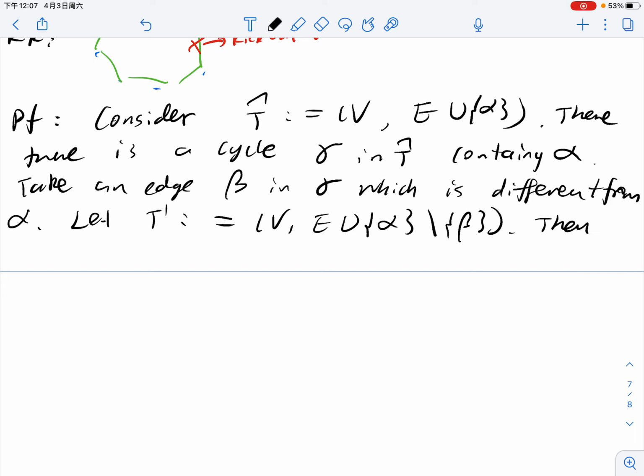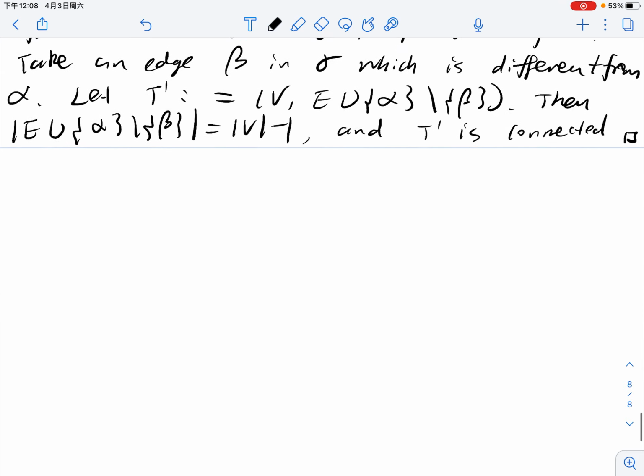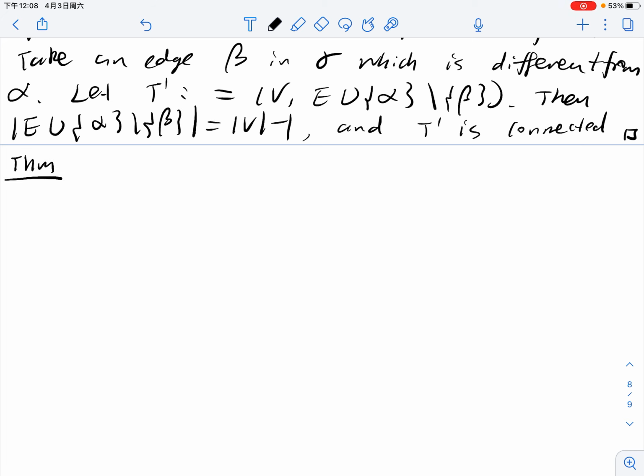Then first, we have the correct number of edges for this to be a tree, and most importantly, T prime is connected. For connectivity, you need to prove this, but it's not that hard. Okay, then we're done.